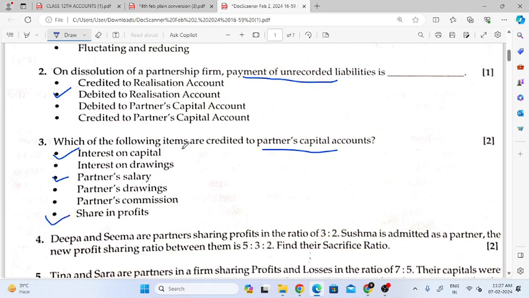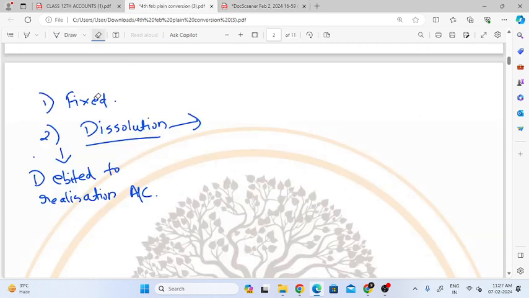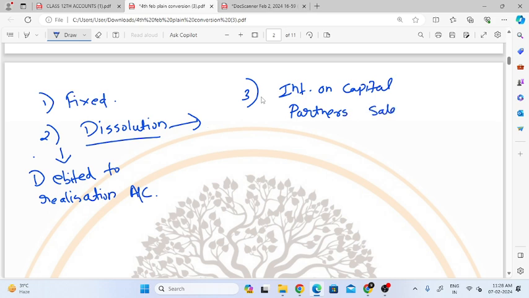So the third answer is interest on capital, partner's salary, partner's commission and sharing profits.